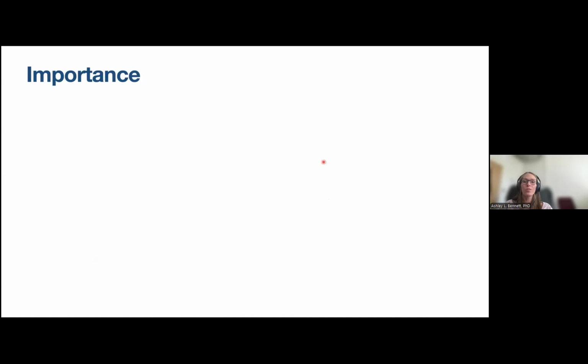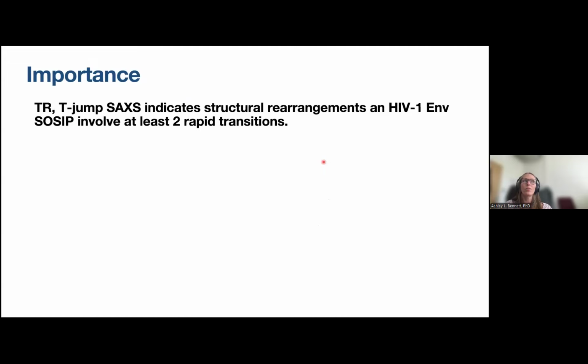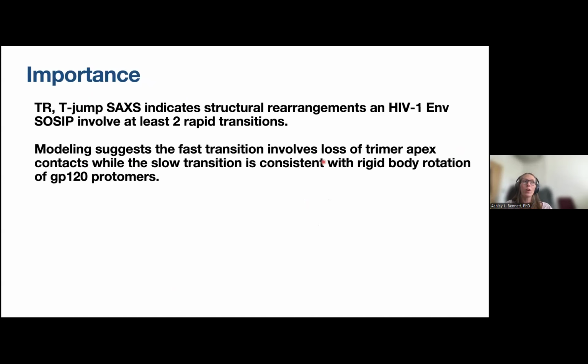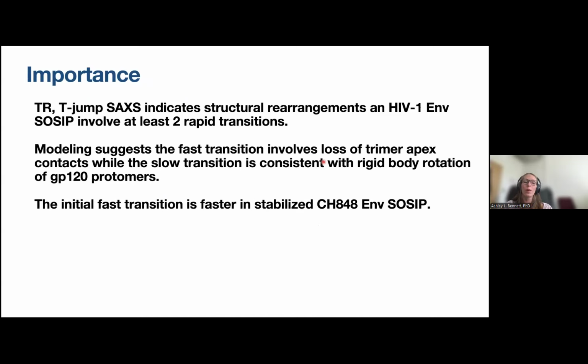So the importance of the work that we've done is that we were able to identify that the early structural rearrangements in HIV SOSIP involve at least 2 rapid transitions. The modeling suggests that the fast transition involves a loss of trimer apex contacts, while the slow transition is consistent with rigid body contacts of the GP120 protomers.